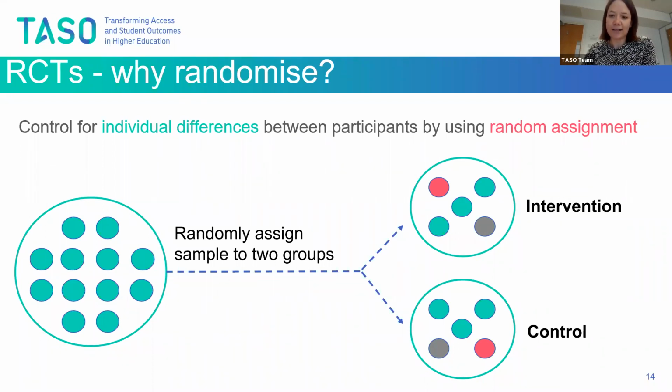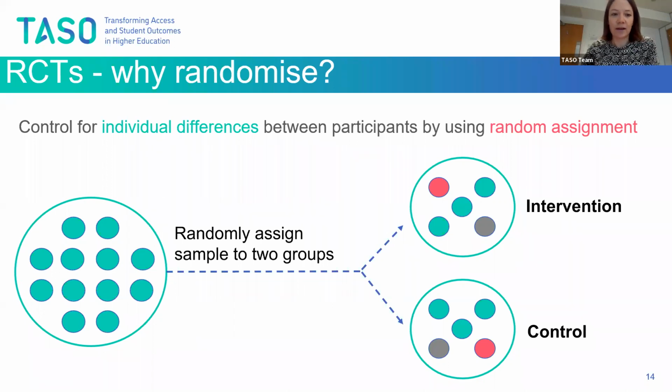By randomly allocating people to an intervention or treatment and a control group, we can say that any difference in the outcome or the behavior that we're observing between the two groups is caused by the intervention. So the thing that we did or the thing that we changed is what caused the outcome to change. And that's quite simply because everything else between the groups is on average the same. And by randomizing into treatment and control, we have the confidence that they are on average the same.